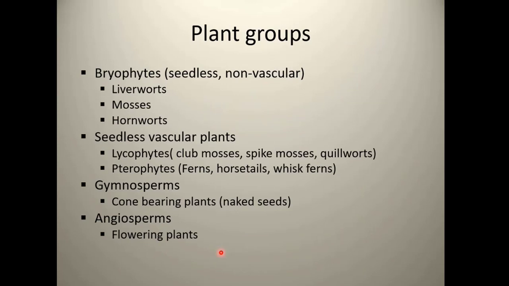So, plant groups: the bryophytes. Bryophytes are seedless, non-vascular liverworts, mosses, and hornworts. Usually I'm sure all of you have bryophytes in your houses, but you're not aware that you have.